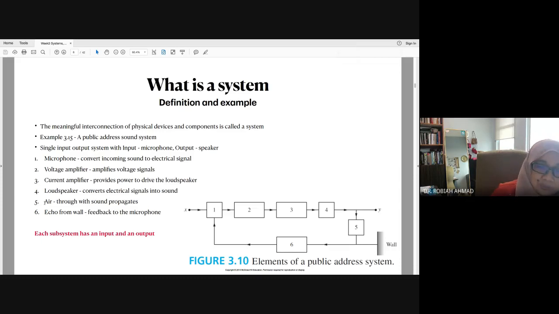The whole system consists of elements or components, so let us look at them one by one. The first one, bear in mind our input is a microphone, and this microphone will go into element one, or subsystem one.